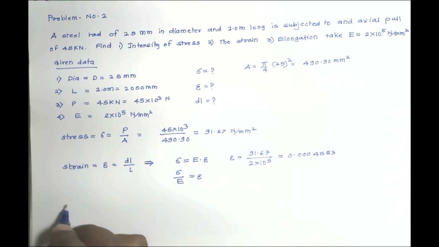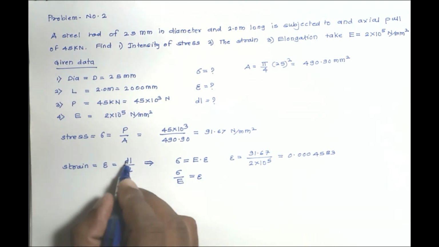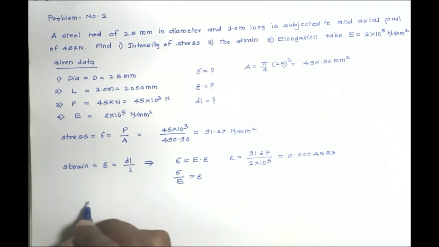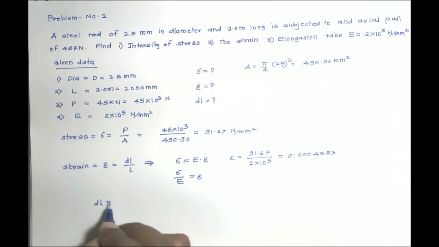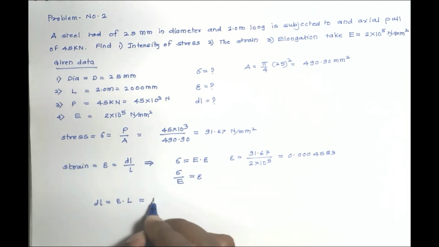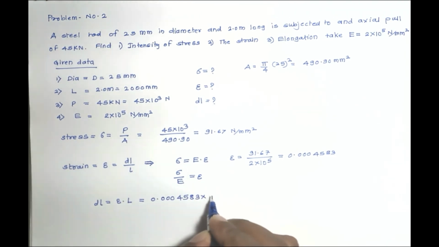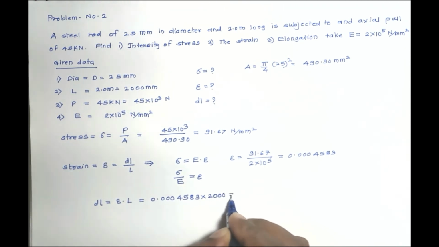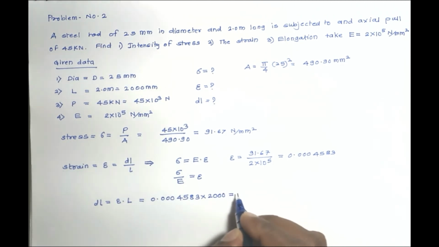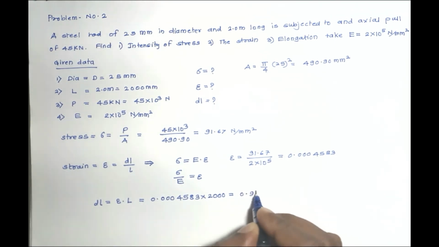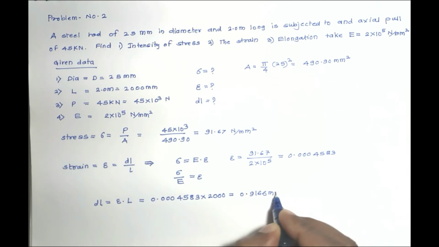Now we can find out the value of change in length using this particular equation. So change in length dl is equal to strain into original length. Now we have calculated the value of strain, which is 0.000458, multiplied by the length, which is 2000 millimeter. So from this you get the value of change in length as 0.9166 millimeter.